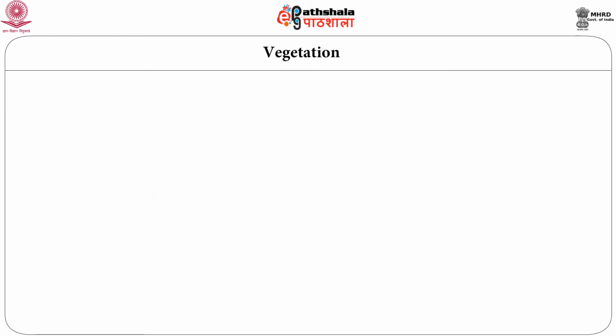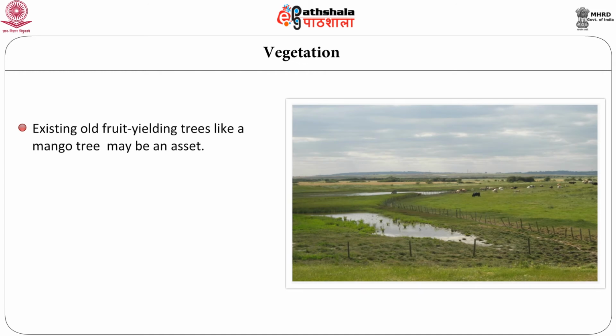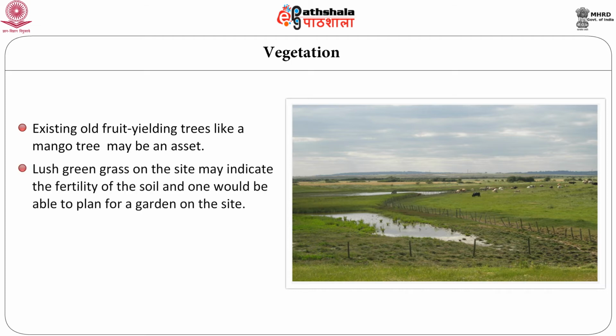Now, the fifth point is vegetation. The site should be observed for the presence of vegetation. Now, when we say vegetation, what we mean is any trees or plants on the site. Now, existing old fruit yielding trees like maybe a mango tree would be an asset.